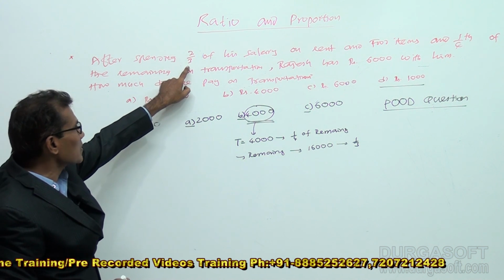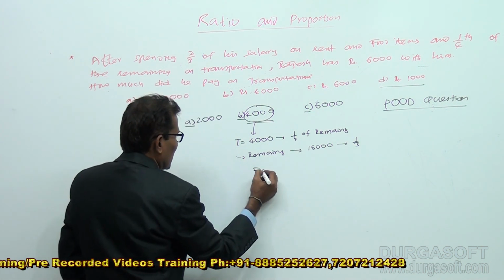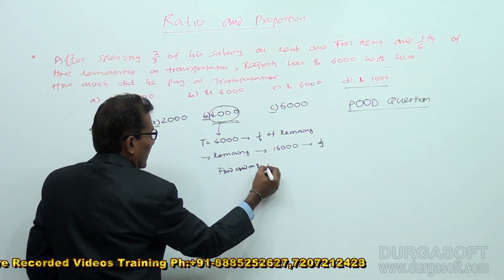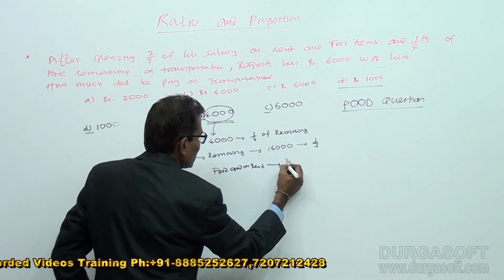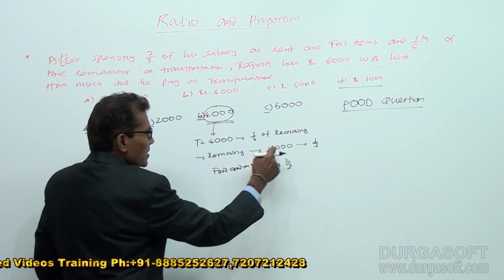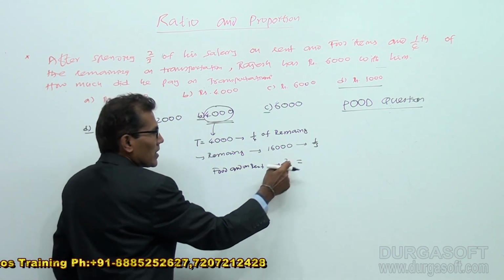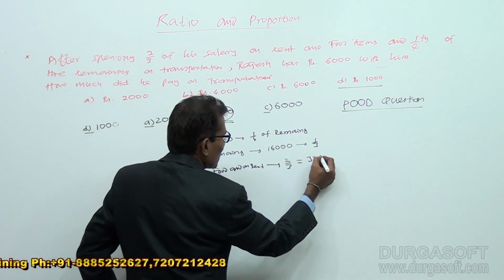The 2/3 amount is spent on rent. So on rent, he spent 2/3. 1/3 value is 16,000. Then 2/3 is exactly double of 1/3, means double of 16,000 is 32,000.